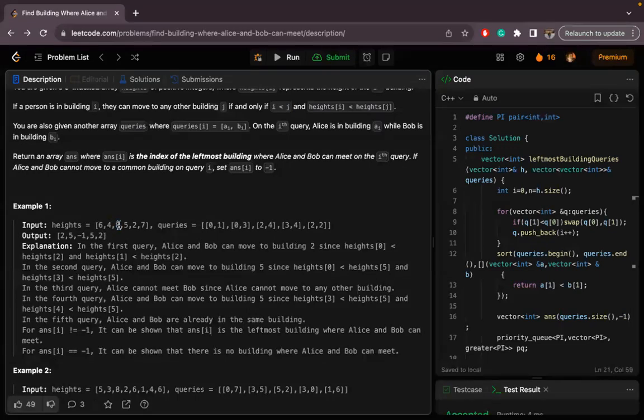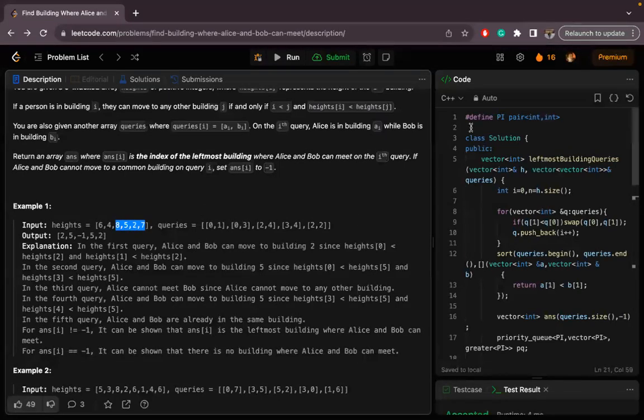So they can meet either at 8 or at 5 or 2, because 8 can also move to those places. Obviously 6 can move to all the places, but you have to find the person at the larger index value, consider that, and the answer should be that index or a larger index. So index-wise it's clear, right? You have to look at all these only, the larger index.